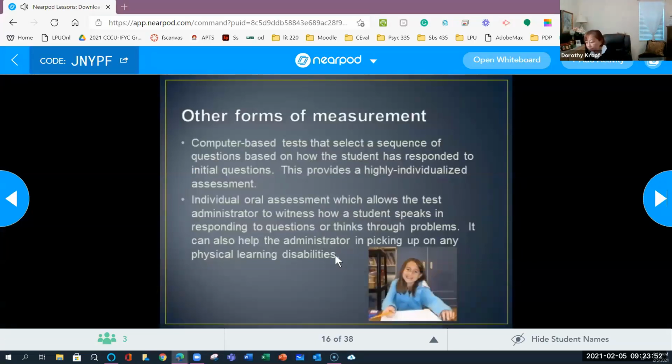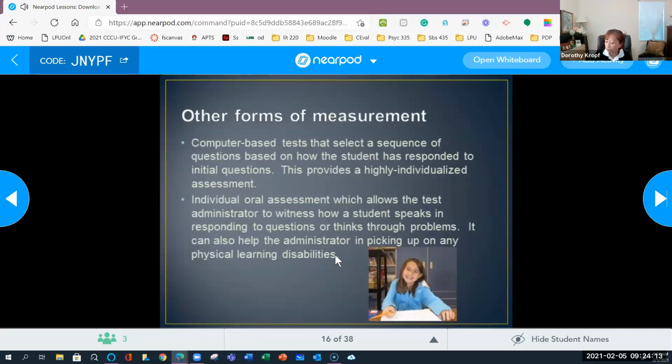Some other forms of diagnostic assessment may include computer-based programs that provide questions based upon the pattern of a student's responses. For example, an incorrect answer will result in another similar kind of question at the same level, whereas a correct answer will result in a more challenging question.